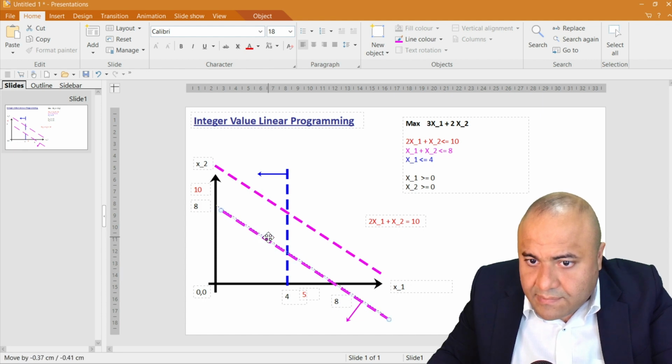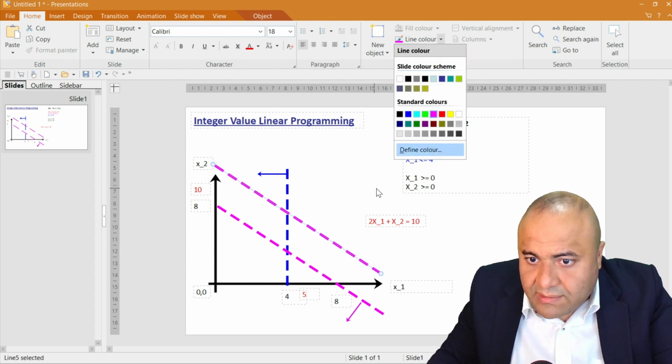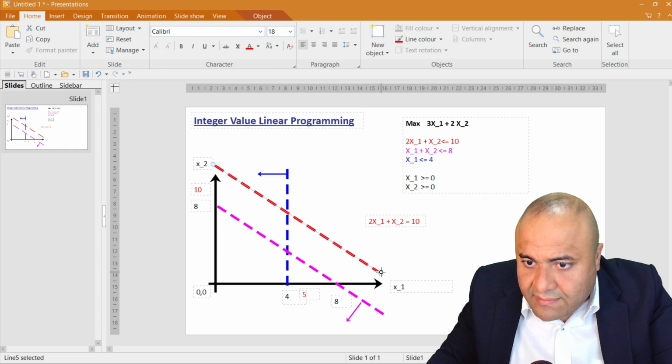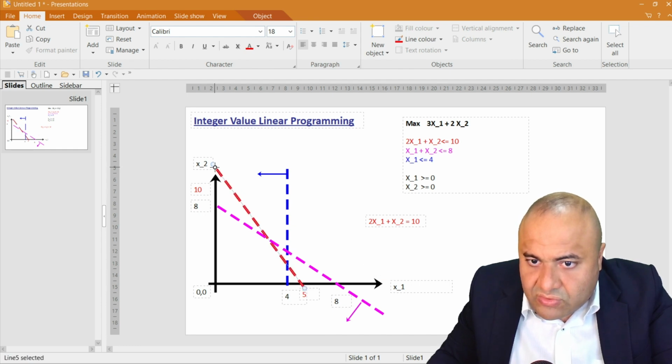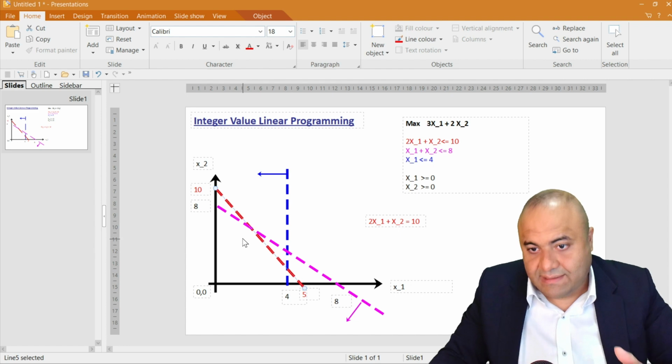It's okay. Can just put it like this. And this one we just make it our color. And you can see it should extend from 5 to 10. So something like this.